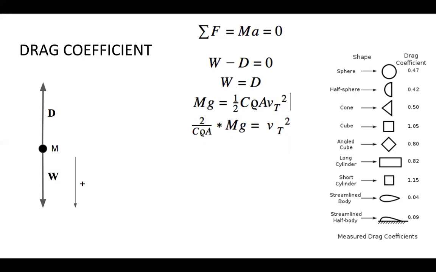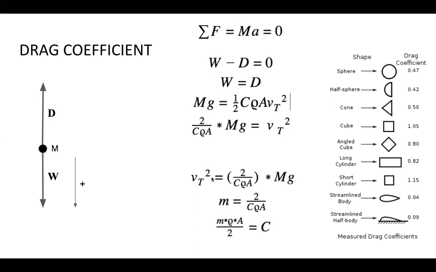And then I'll use the equation for drag force that was introduced in the introductory video: 1/2 the drag coefficient times the density of air, in this case, times the cross-sectional area of the coffee filter times terminal velocity squared. So I can solve for terminal velocity squared on one side. And the reason I'm going to do so is because this is the equation of our regression line.